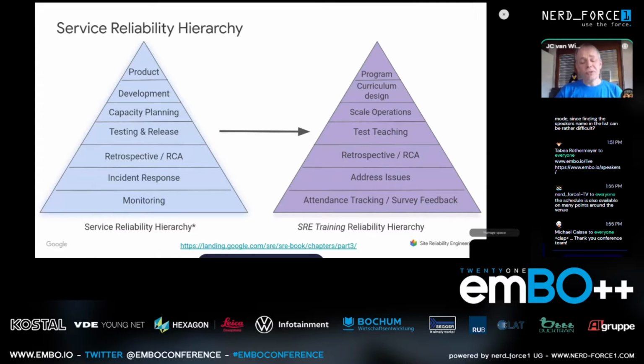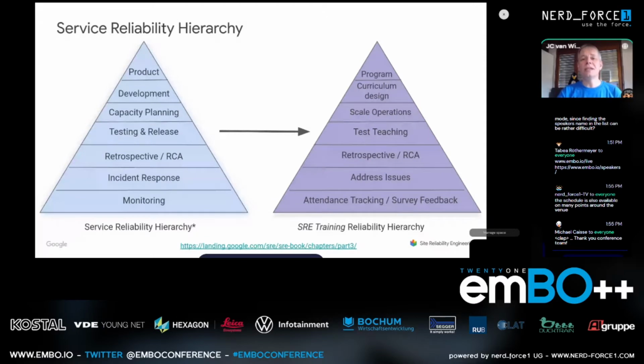Whenever we create a new training, we do test teaching, we do pilots to make sure that it does what we expect it should do. Of course, just like with capacity planning for products, we have to scale operations. We educate hundreds of new hires a year at Google.